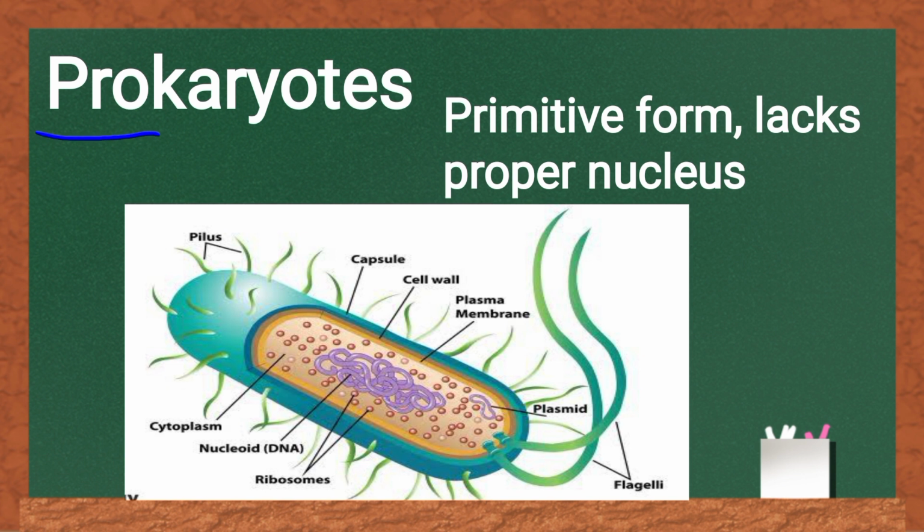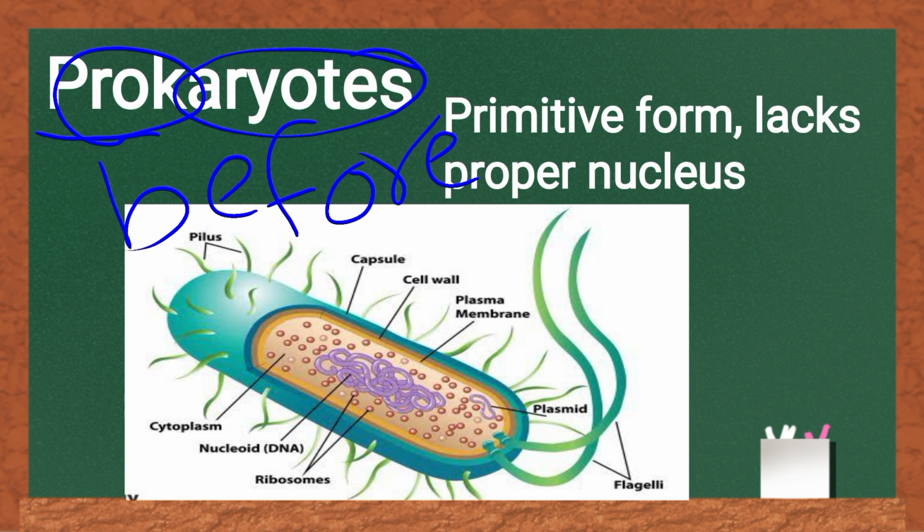Prokaryotes. Here the word pro means before. Many times we do not understand the words, but actually the word explains the phenomenon itself. So pro means before, and karyon means nucleus. Before nucleus means something which was before the formation of the nucleus. So these are the primitive form of organisms which do not have a proper nucleus.